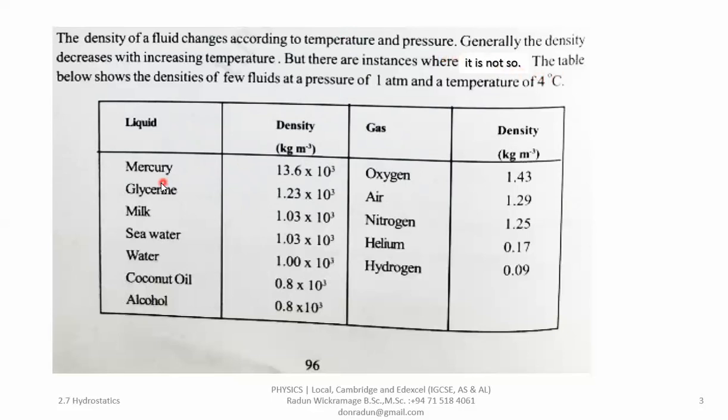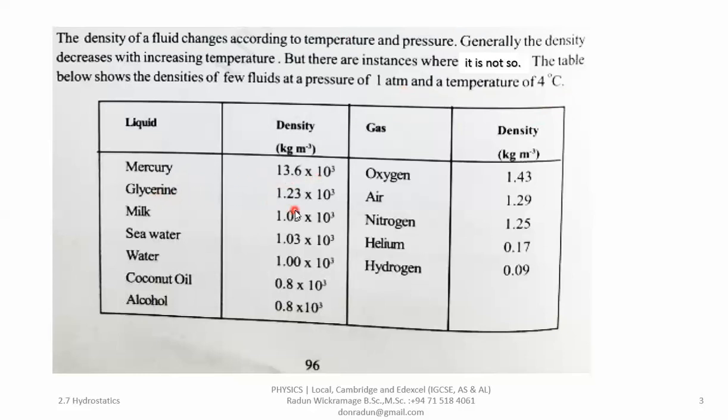So in this table, we will compare the liquids and gases. They have different densities. The liquid with the maximum density is mercury. It is a heavy liquid. It is a metal. 13,600 kilograms per cubic meter is the density of mercury at 4 degrees Celsius and 1 atm pressure.